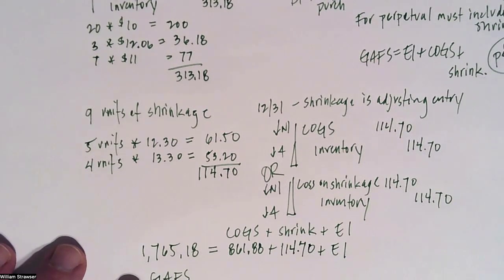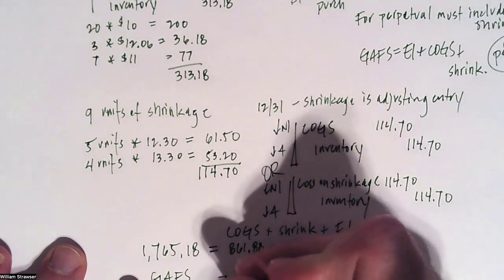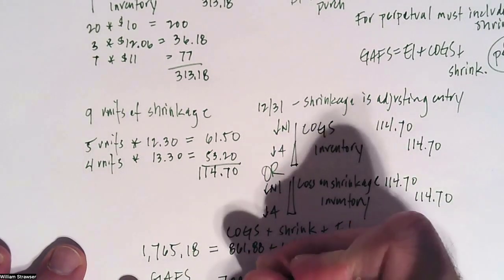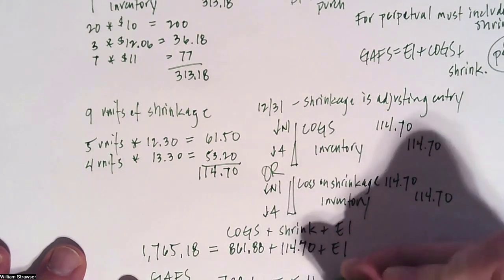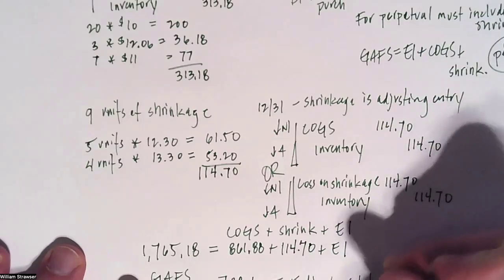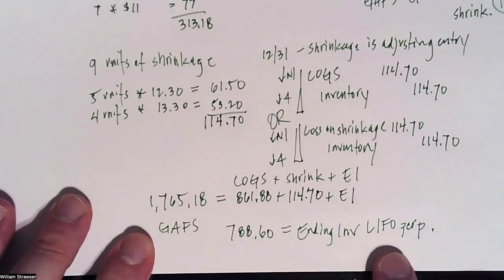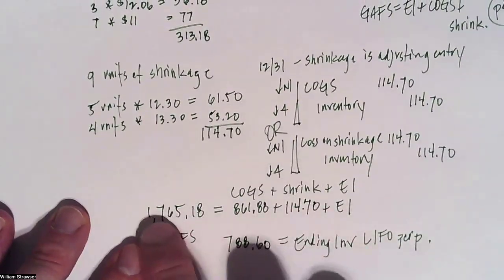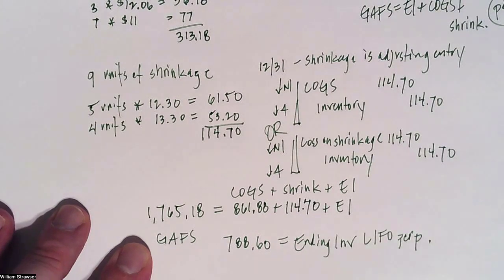So this is the way I like to solve it. That tells me that my ending inventory is $788.60 under LIFO perpetual, right? All these things under LIFO perpetual. Just solve this equation for my ending inventory. All right, the next video, we'll talk about the periodic piece.